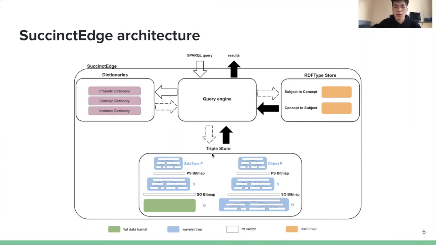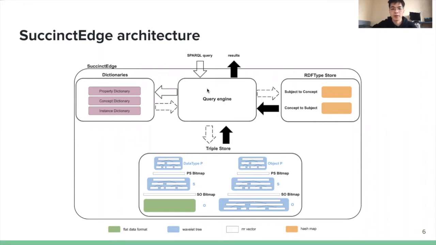We distribute these triples to two similar data structures, relying on the type of object, which means the data type object or the instance type object. Once a SPARQL query comes, the query engine first translates all the RDF elements to their corresponding identifiers with the help of the dictionaries.